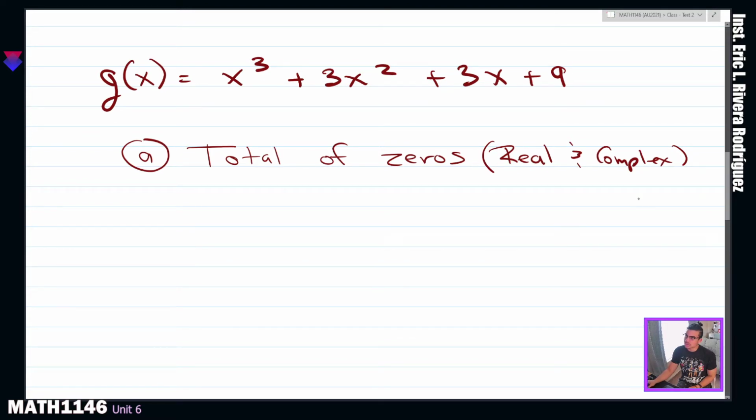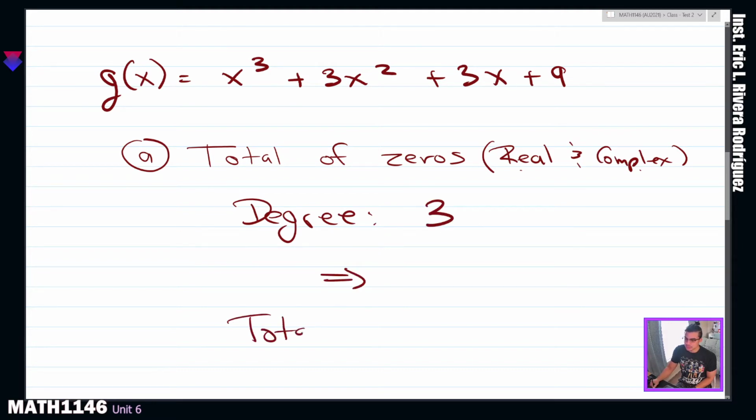Well, maybe I might be wrong, I need to double check that, but another way to talk about imaginary numbers is referring to them as complex numbers. So the total of zeros of any polynomial, real and complex, is going to be the degree of that polynomial. So the degree is 3. Total of zeros are going to be 3.